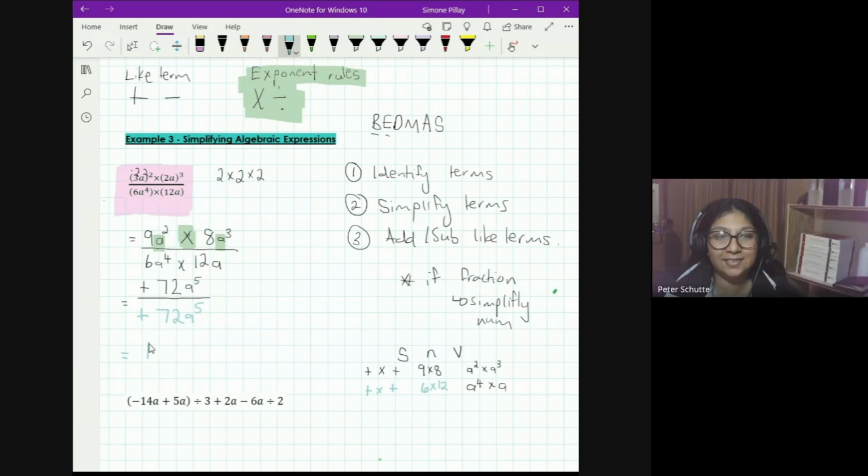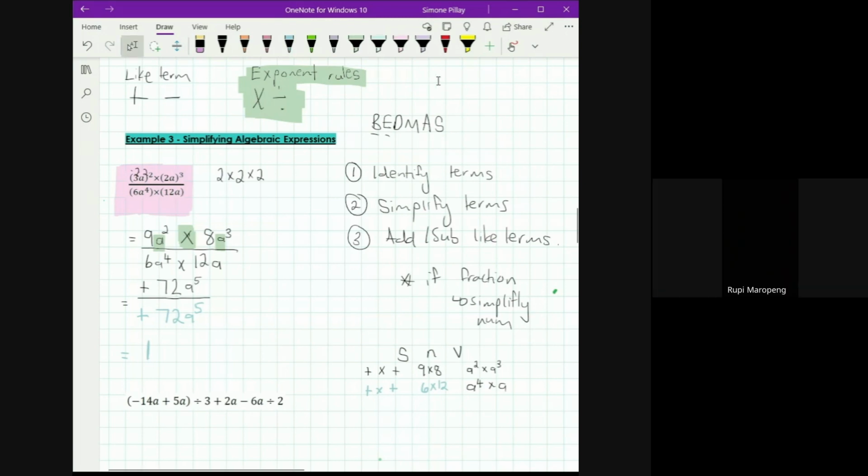So it's not going to be a to the power of 1. It would have been a to the power of 0. And remember, a to the power of 0 is just 1, which means 1 times 1 would have just been 1. Happy, Rory-san? Yes, ma'am. There you go.